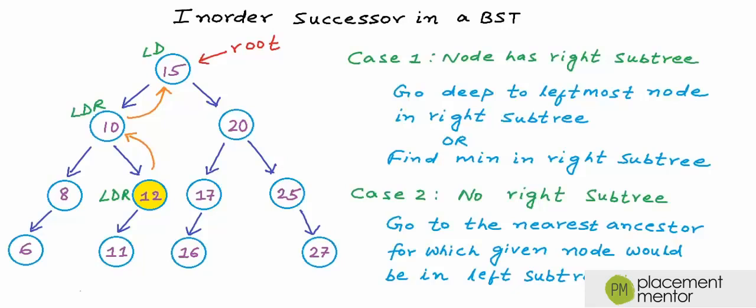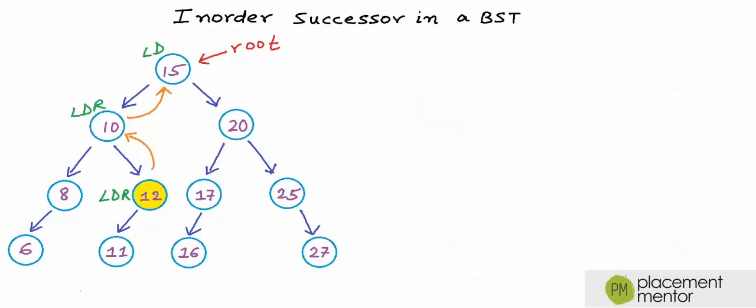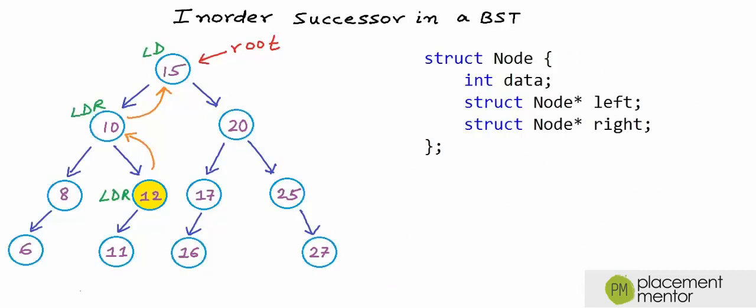This algorithm works fine, but there is an issue. How do we go from a node to its parent? Well, we can design our tree such that a node can have a reference to its parent. So far in most lessons we have defined a node as a structure with 3 fields, something like this. This is how we would define a node in C or C++.